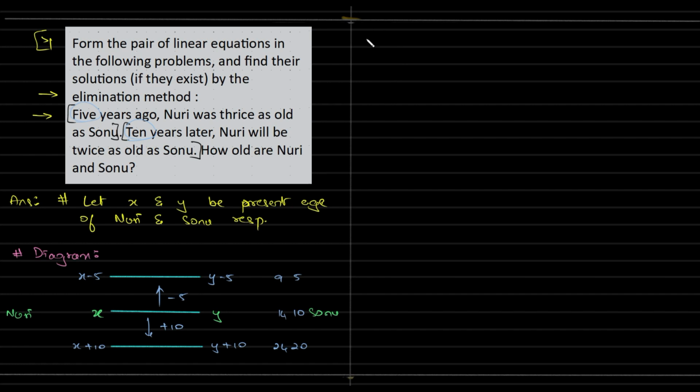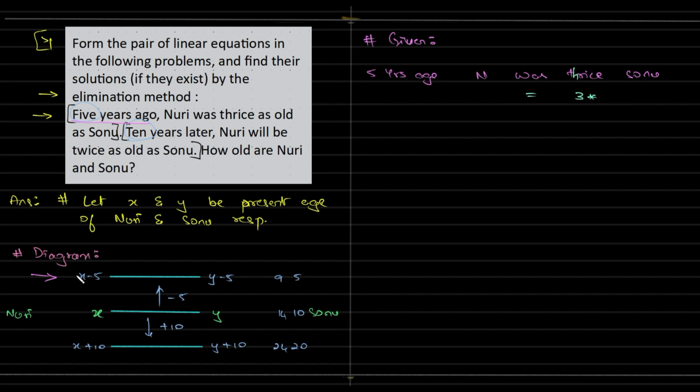So now we're looking at writing the given. How do you go about this? Read the question again. 5 years ago, we're talking about the first scenario. Neeru was thrice as old as Sonu. So 5 years ago, Neeru was equal to thrice, that is 3 times, Sonu.